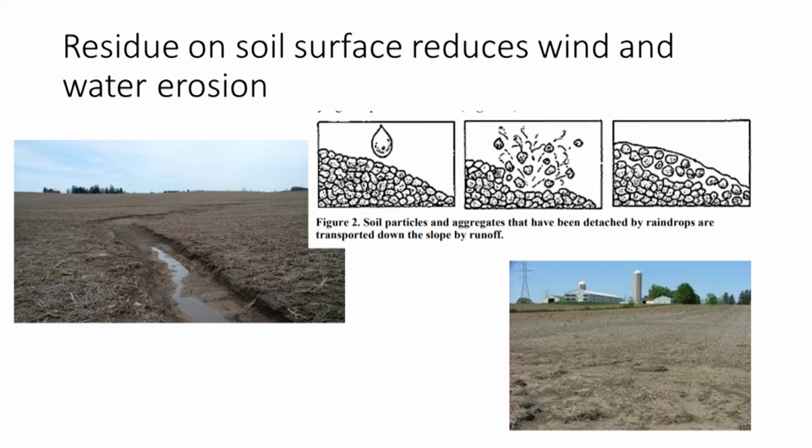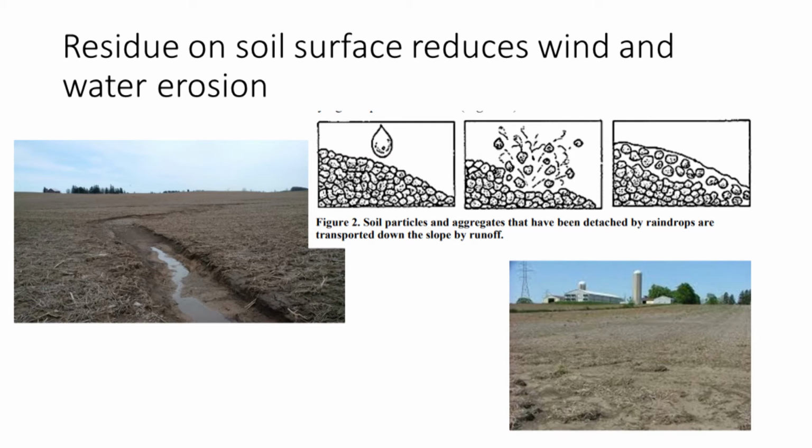Here you see an example of water erosion. It's a similar concept that soil's leaving the field, except not via wind, but via water. There can be runoff erosion if you have a heavy rainfall. Water is going to flow and take soil with it. But you also get erosion just via regular rainfall on bare soil.